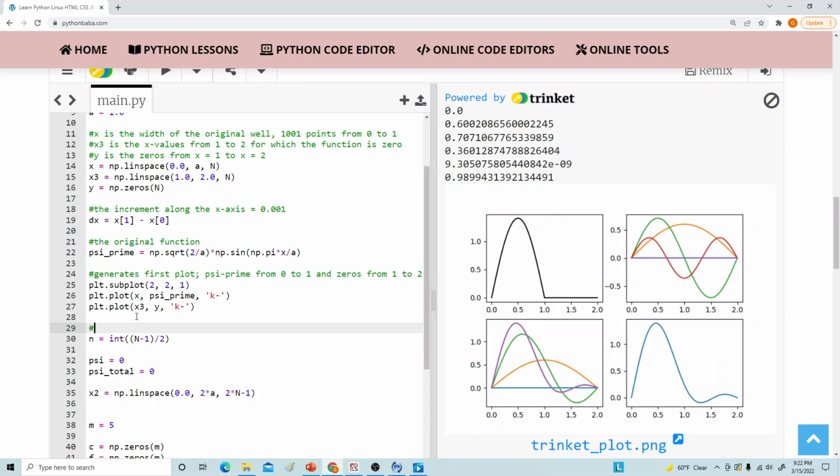Okay, so now we're going to get into the realm of the actual meat of the integral. Remember that Simpson's rule runs from n minus 1 over 2 of your total number of points that you have taken into account.